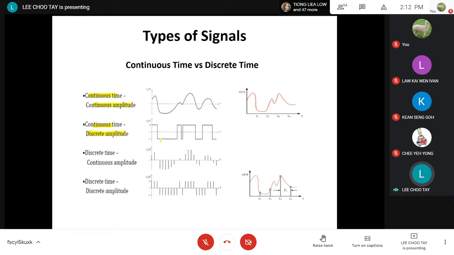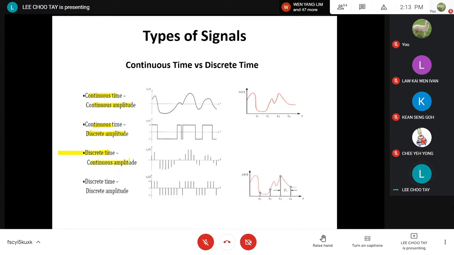The third type of signal is discrete time and continuous amplitude. Discrete time means the signal will only exist at certain times. In this case, you can see the signal only exists at certain times, and the amplitude is continuous, so the signal can take any amplitude.